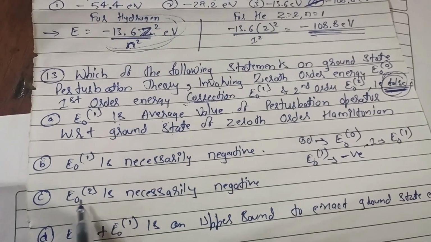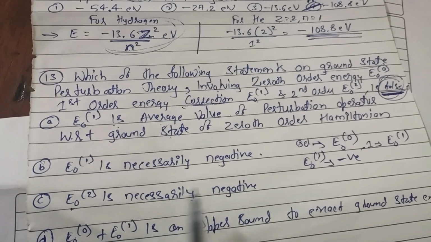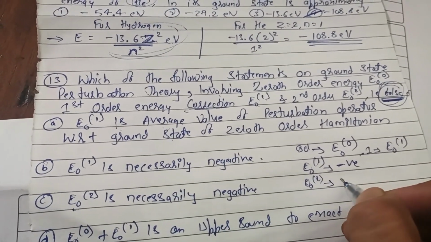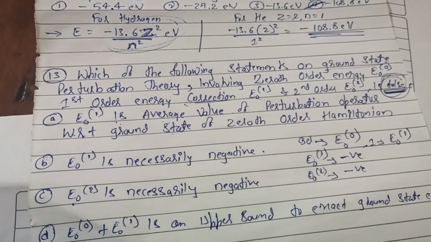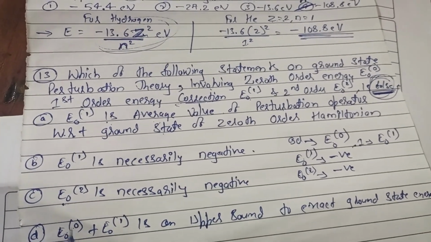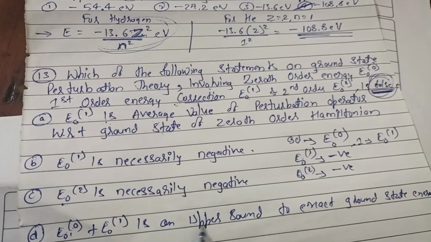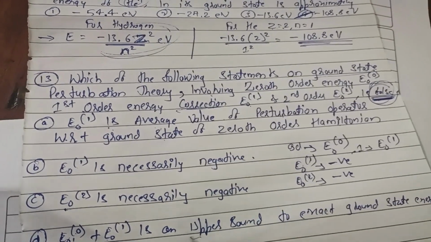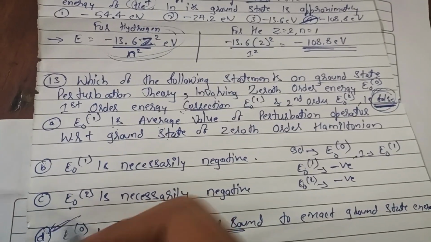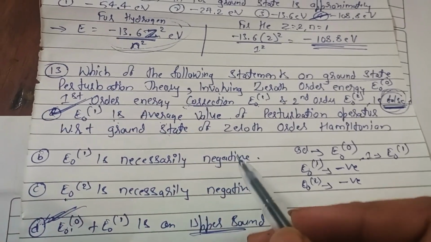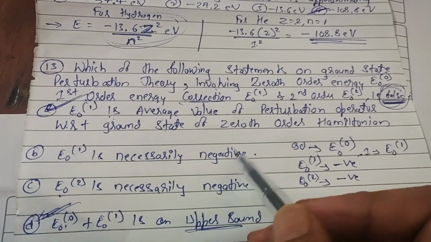The second statement says E naught 2 is necessarily negative, it has to be negative. The fourth statement says E naught 2 and E naught 1 are upper bounded to the extent of the ground state, so it is upper bounding. This is also correct. Now there will be a conflict between these two statements.